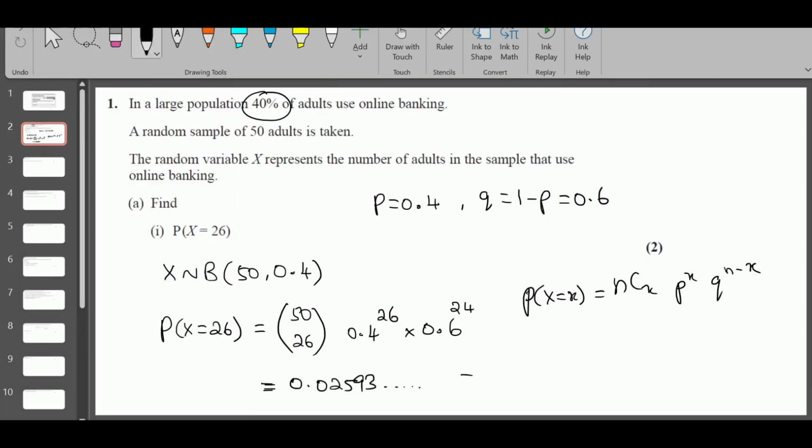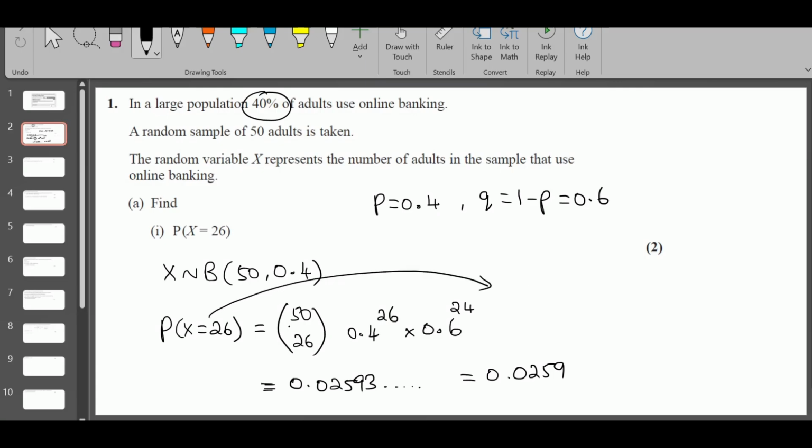That is 0.02593, which you can round to 3 significant figures. Now you can find this value using the table also. You can write this as P of X less than or equal to 26 minus P of X less than or equal to 25. You can get the table values of these two and subtract, and you will get the same answer. That's another way of doing it.